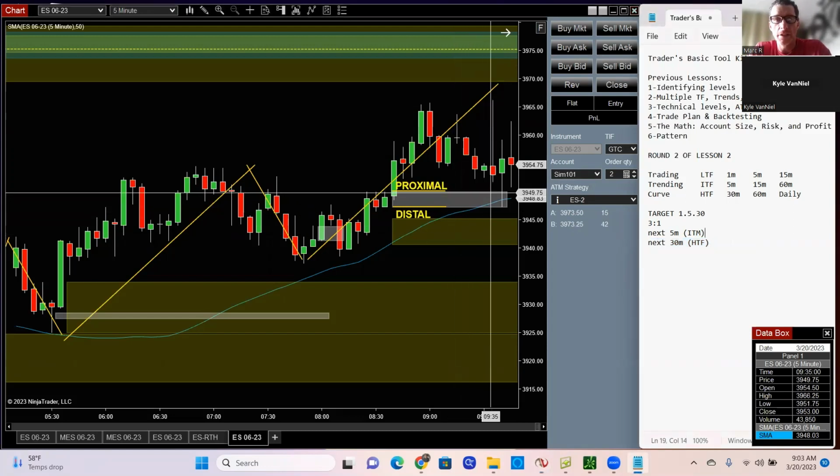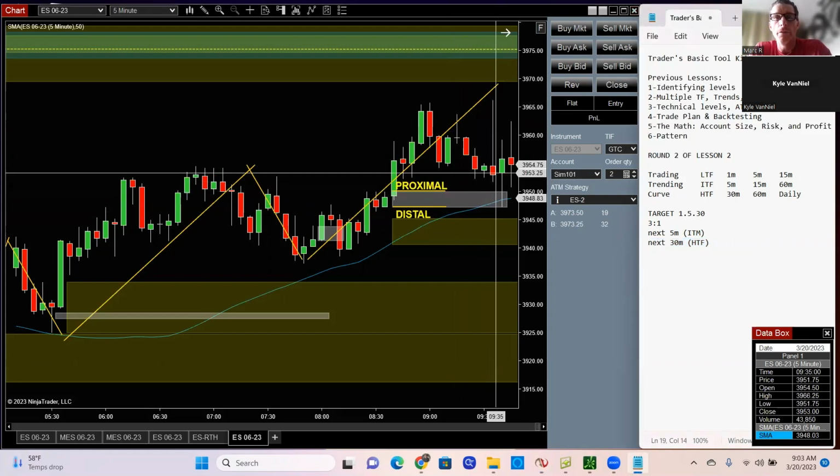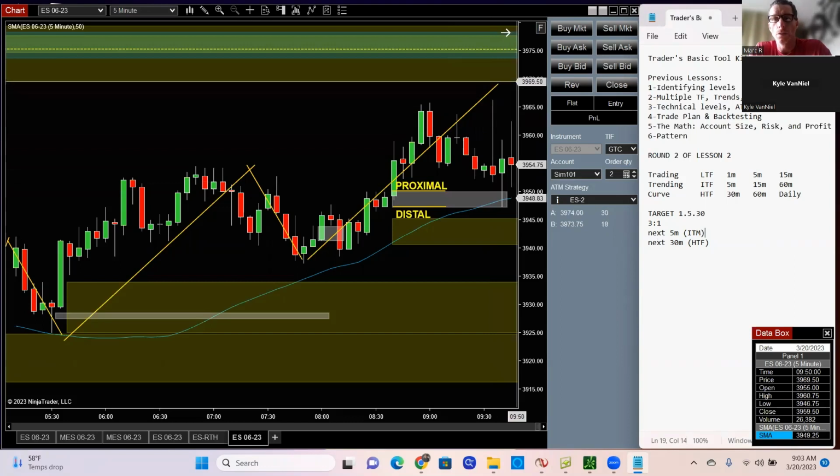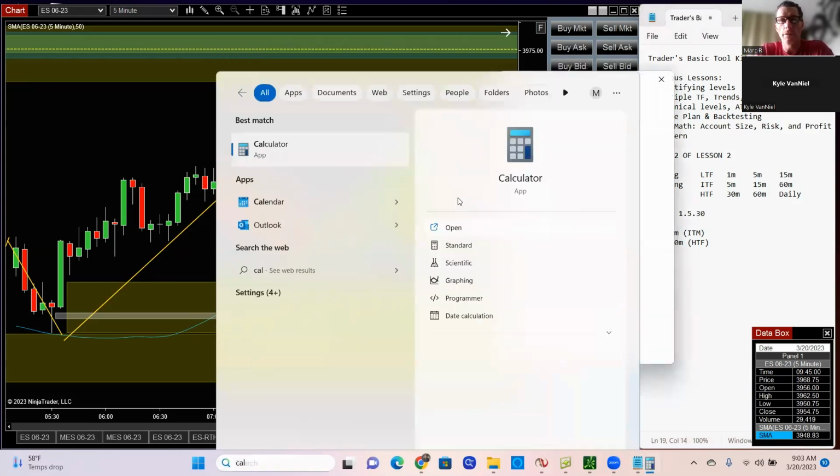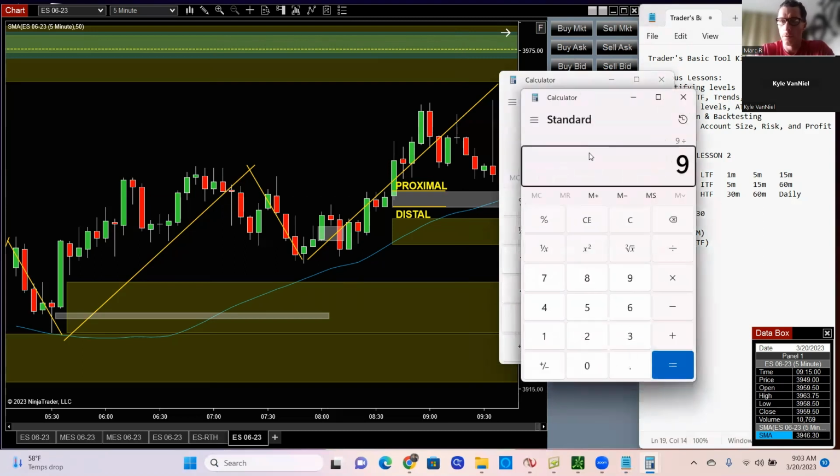From this 5-minute level from 50 to, we'll call it 69, to get out just before the level starts. 69 is 19 points. Right, 19 points divided by 3. Hello, calculator. 19 divided by 3.